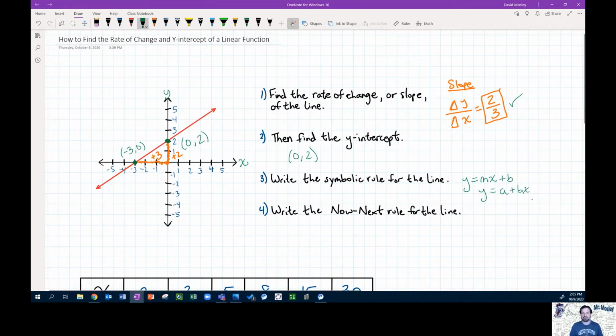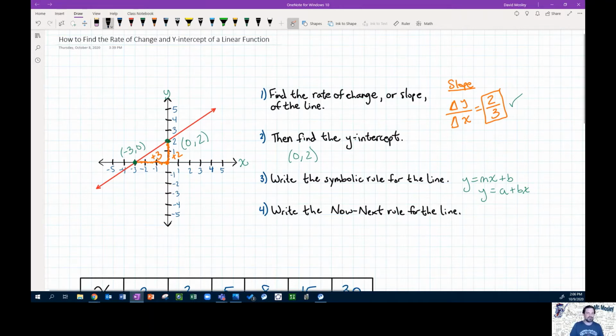You might see it in that form. They mean the same thing. It's just that y equals mx plus b is used more throughout grade level math, where m represents the slope and b represents the y value of the y-intercept. It's just more common.